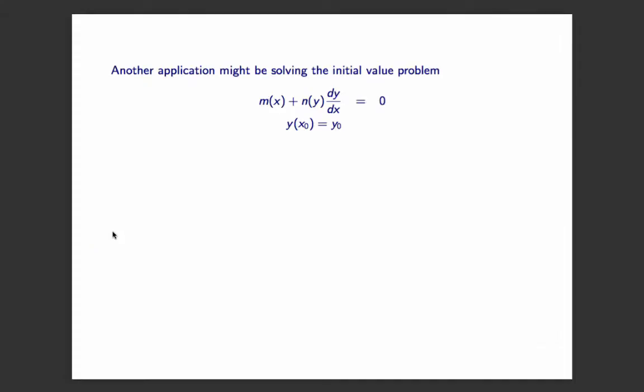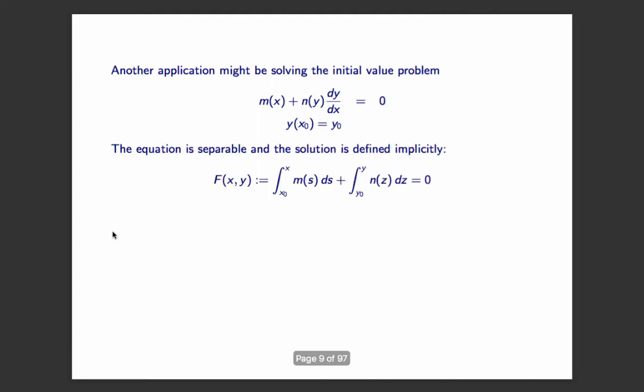So another application where we might want to define y as a function of x implicitly is in solving the following initial value problem. You might vaguely recollect from your days in ordinary differential equations that that is a separable differential equation in the top row. So the solution is defined implicitly. It's every x and y pair satisfying that this expression is equal to 0.